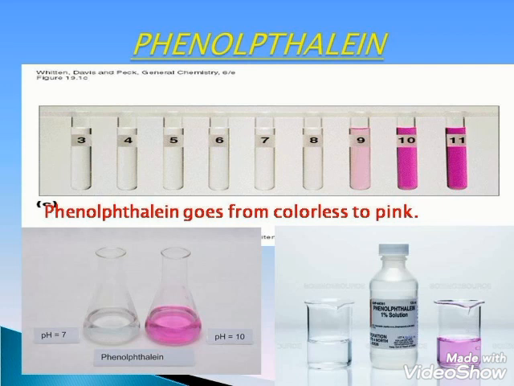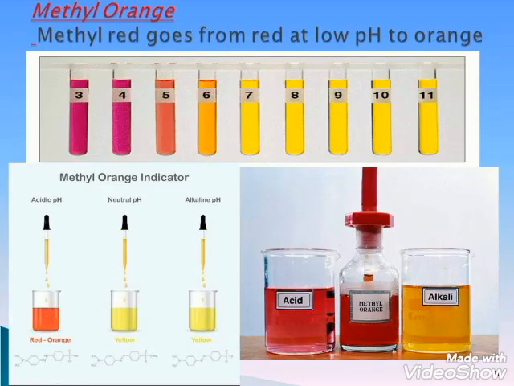Then coming to phenolphthalein. Phenolphthalein is also an important indicator. The color changes from colorless to pink. The numbers given are the pH on the test tubes. You can see that from colorless, gradually the color changes to pink as the pH changes from 3 to 11. Methyl orange, another such indicator, changes gradually from red to orange as the pH increases from 3 to 11.